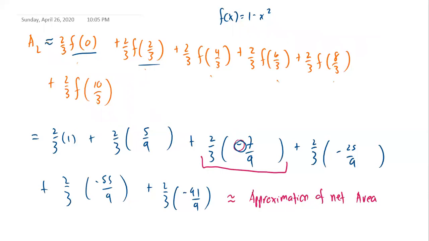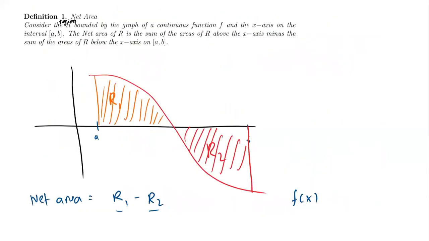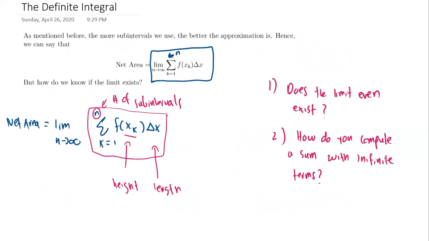Now, we also saw in the previous video that net area is not an approximation. We want the actual area. In order to do that, we need infinitely many subintervals. Why? Because as we saw in previous videos, the more subintervals you use, the more accurate the approximation is. So what did we do?